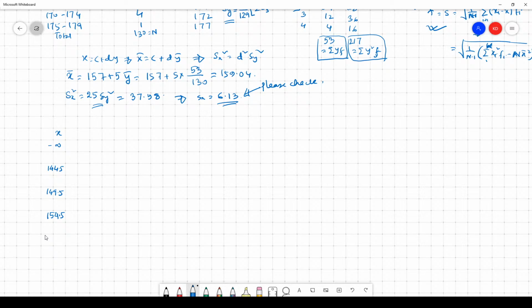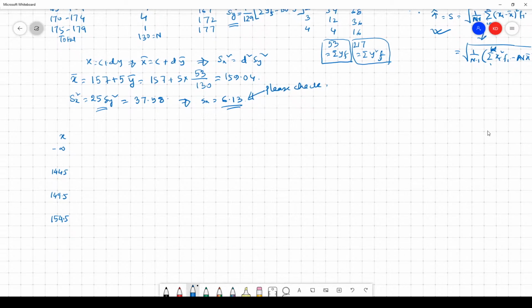So these are the class boundary, lower limit of the class boundary.